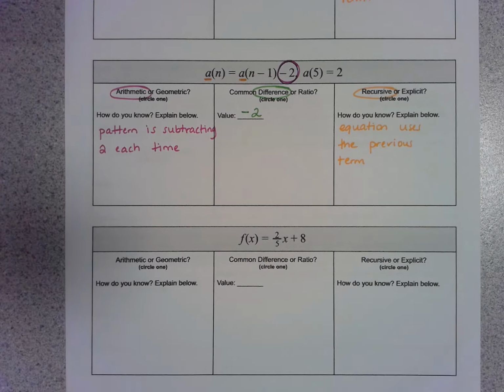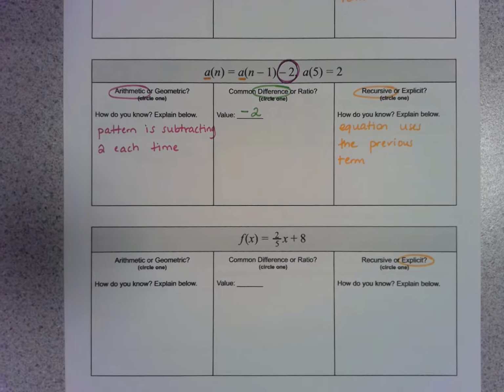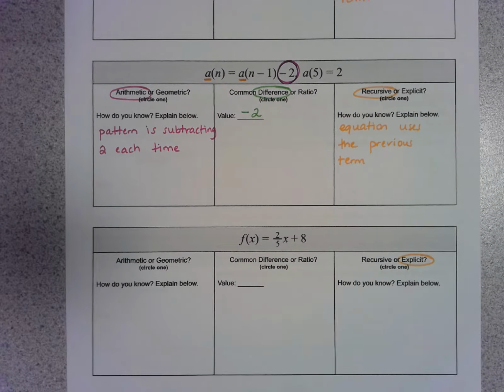For the next equation, we have f of x is equal to 2/5 x plus 8. Now, right away, I can tell that this is an explicit equation, because the equation does not use the previous term.